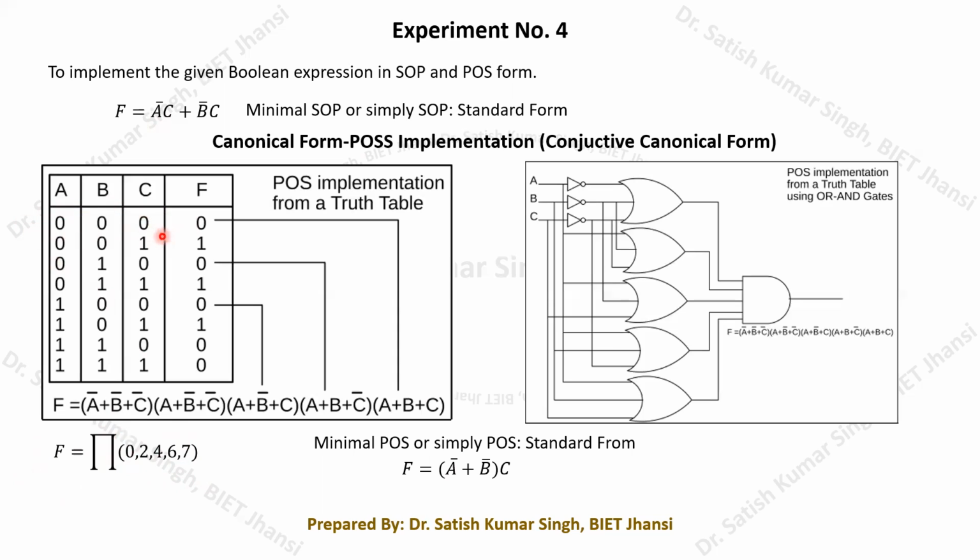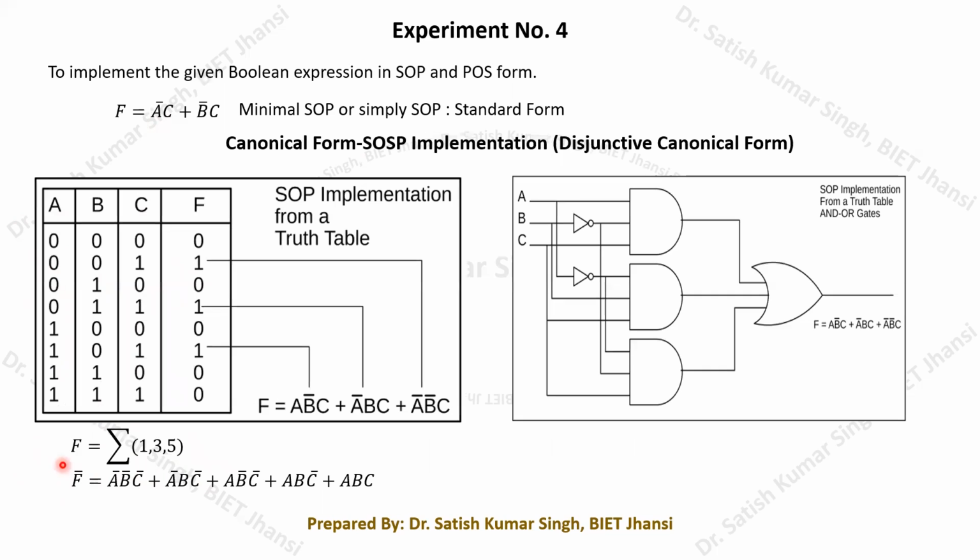Corresponding to this output equal to 0, you can see that the decimal value is equal to 2. Similarly here it is 4, here it is 6, and here it is 7. This way we can write it as the product of these max terms. Similarly, this can also be represented by the sum of these min terms, 1, 3, and 5. So this way we have our canonical representation.